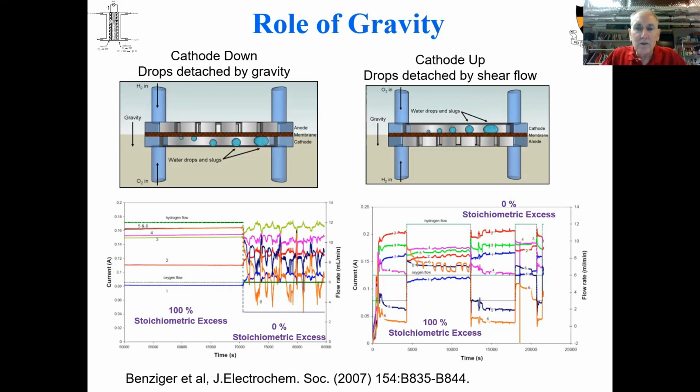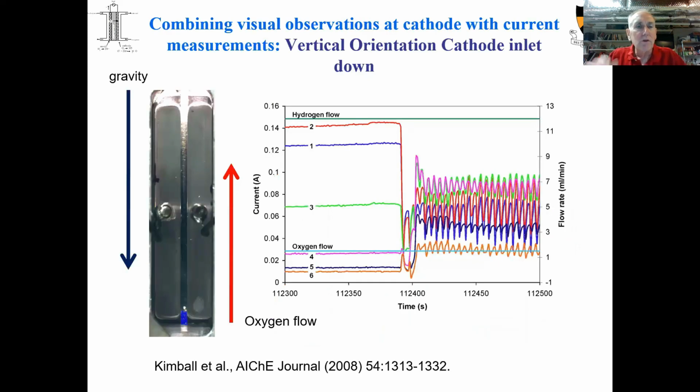The most interesting case is if we put the fuel cell with the flow channel going in the same direction as gravity, and we had the gas coming in from the bottom, and the liquid water would normally be going downward.